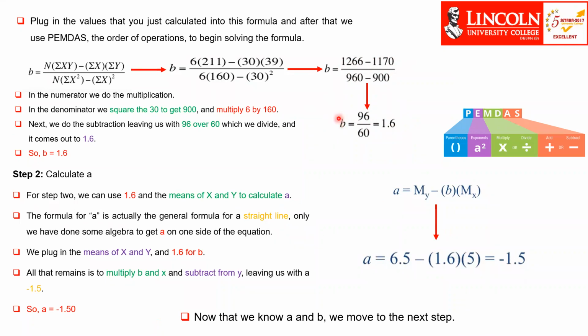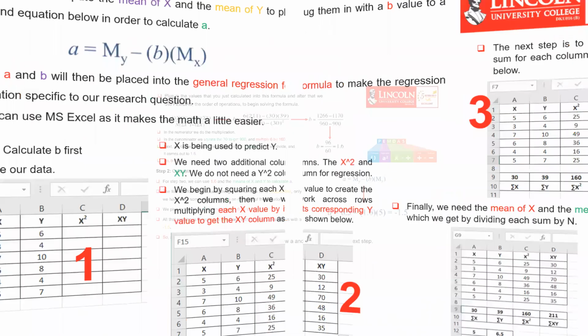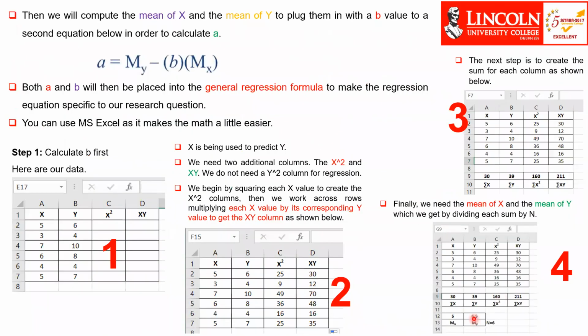So after we have gotten the value for B, we need to calculate for our A. Remember, the formula for A is equal to mean of Y minus B multiplied by mean of X. We have already computed our mean of X, our mean of Y, and our B. So our mean of Y is 6.5. If you look at it here, 6.5.